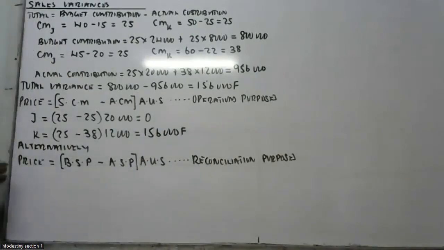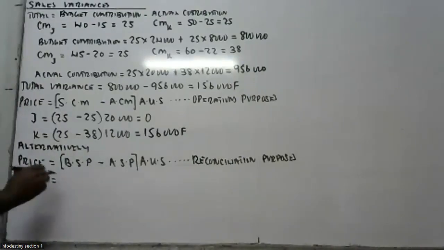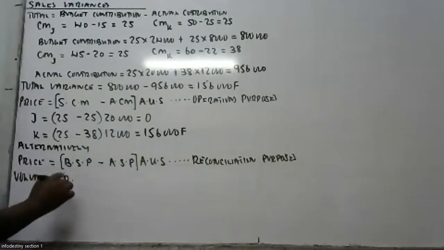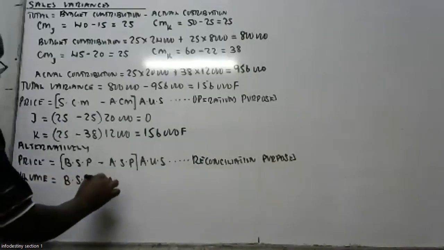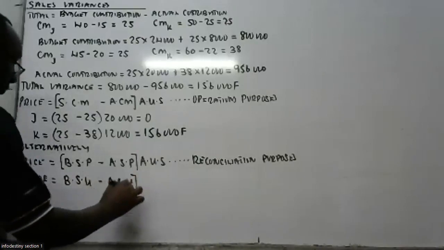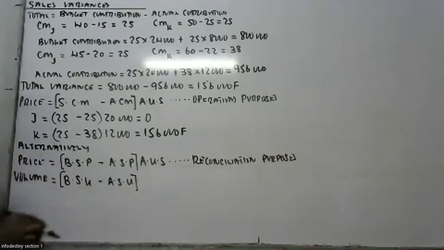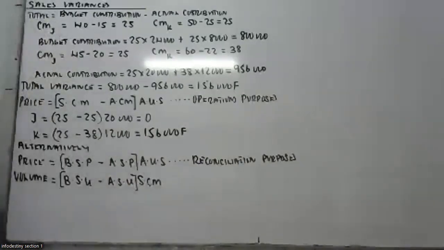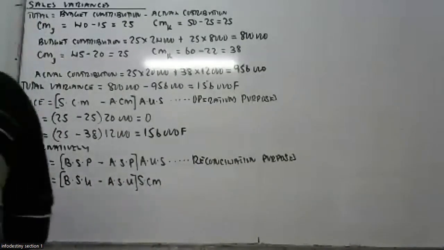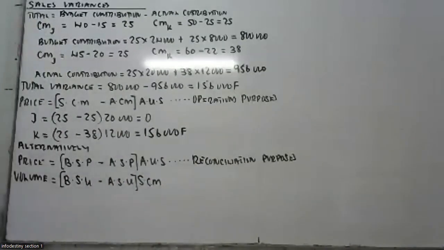So the next one is called volume. Volume is given as budget sales units minus actual sales units, and you multiply by standard contribution margin.